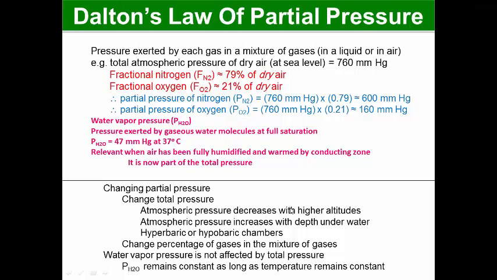For example, as we ascend to high altitudes, the atmospheric pressure decreases, while the atmospheric pressure increases with depth underwater. Also, we have chambers which could be hypobaric with low pressure or hyperbaric with high pressure.